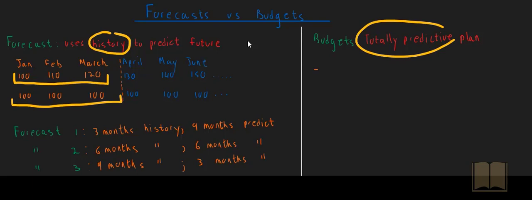A budget for the following year is usually constructed in the last quarter of the current year. Budgets vary in terms of how long the time period that they cover is.